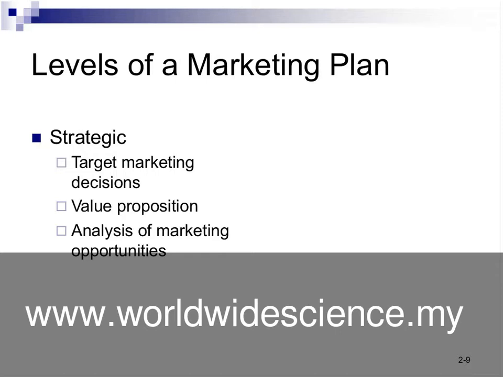What target markets are you going to decide on, and what are they going to be like, and what are the decisions that you're going to make to make sure that your target markets would be reached. So that's one of your strategic level decisions.